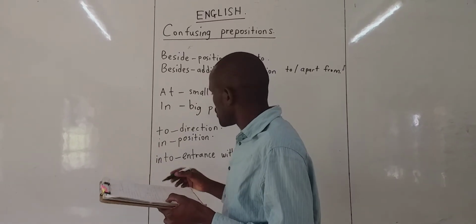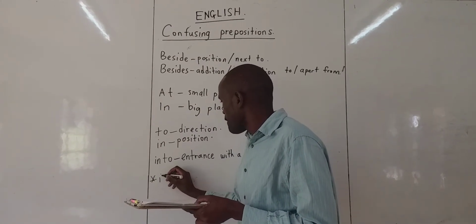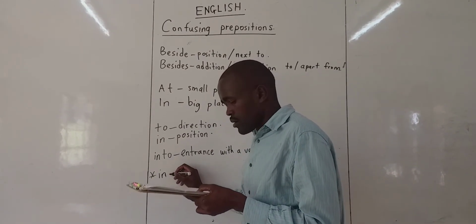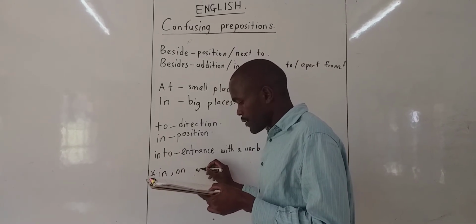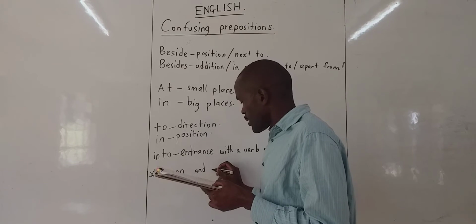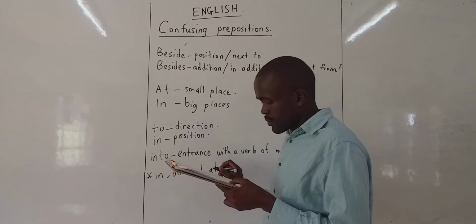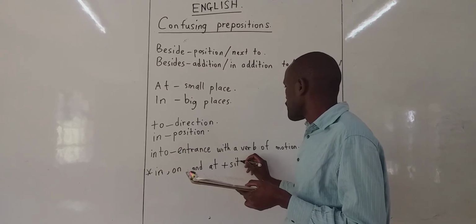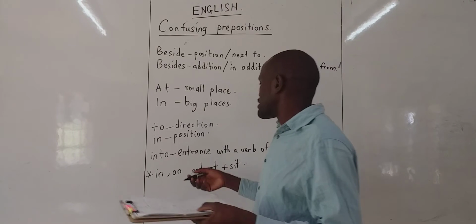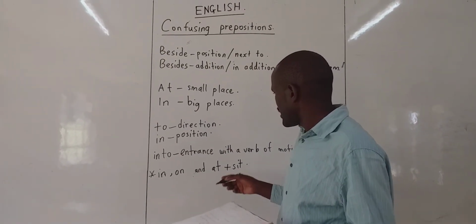And then I'll talk about these ones: in, on, and at, with the verb sit. You can say sit in, sit on, sit at. So you are asking yourself, how?